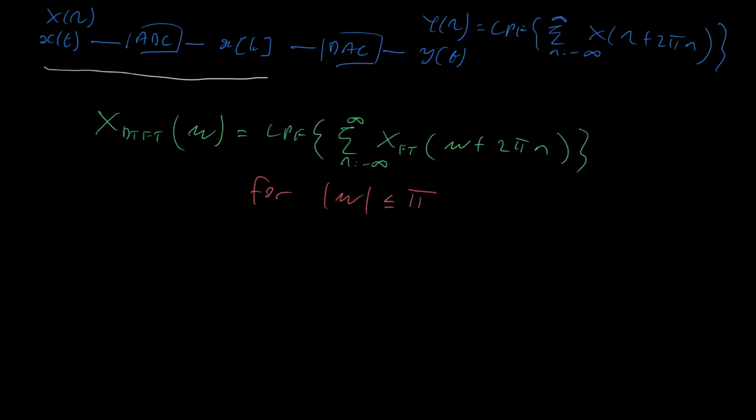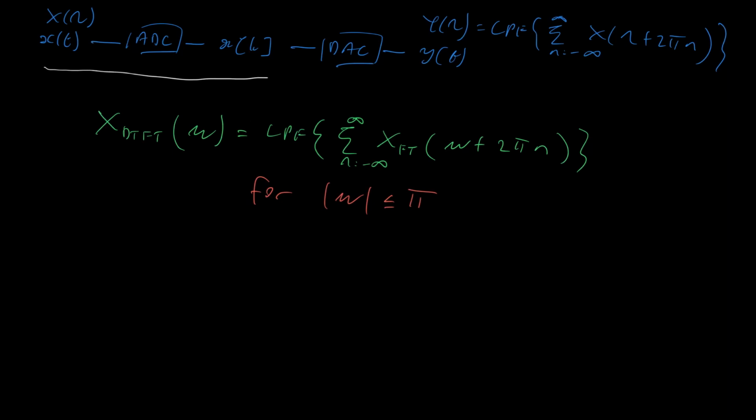Actually, to keep things simple, I've been talking about the discrete-time Fourier transform for values of omega between minus pi to pi. The reason I have been doing this is because it's the inverse discrete-time Fourier transform that's the more important object, because it gives us a representation of a discrete time signal as a sum of sinusoids, which is what we need.